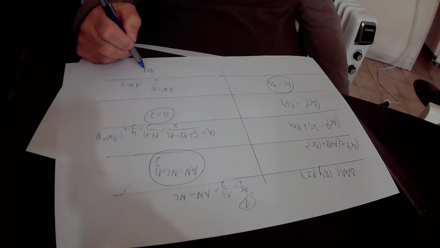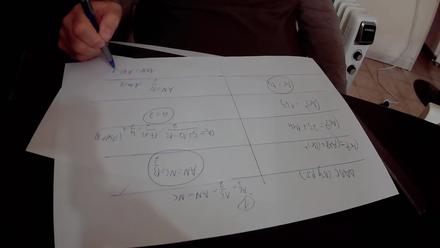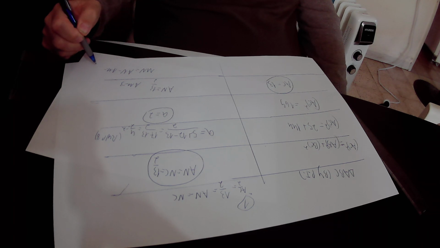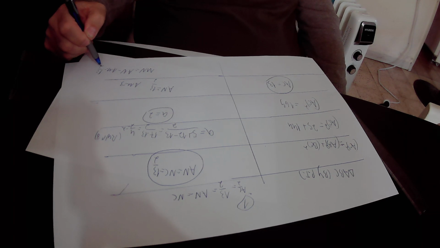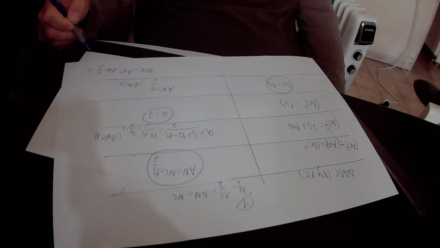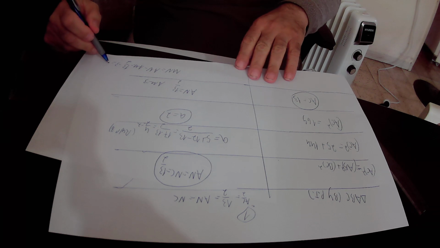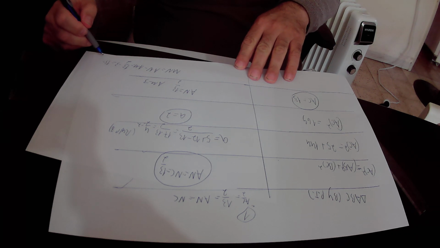Therefore, MN equals AN minus AM. AN is 13 over 2. AM is 3, so in total MN equals 13 over 2 minus 3. Here we multiply 3 by 2 and then divide by 2, and we get 13 minus 6 over 2. 13 minus 6 is 7, so 7 over 2.